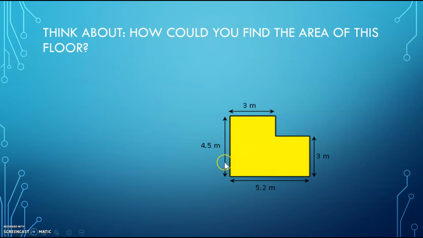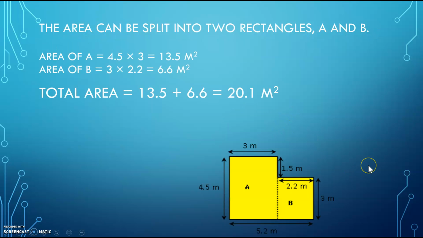We can't simply go 4.5 times 5.2 because there's a chunk missing. Let's take a look at what we can do. To calculate the area of a composite, before you figure it, take that shape and break it down where it breaks down most naturally, the easiest. And so they put this dotted line here.